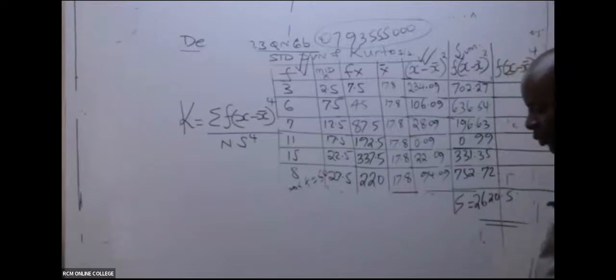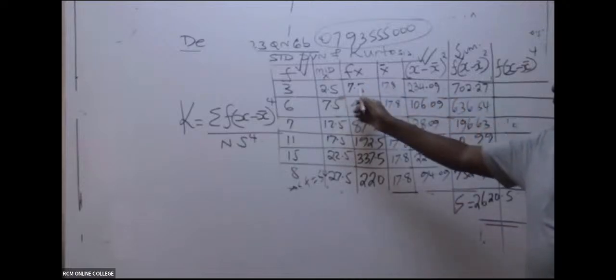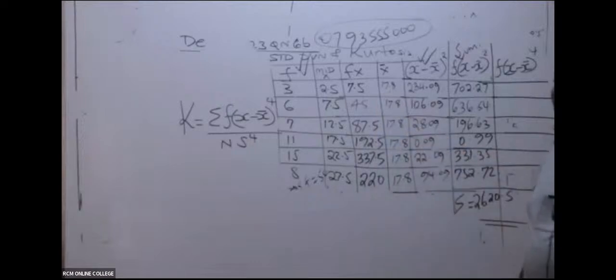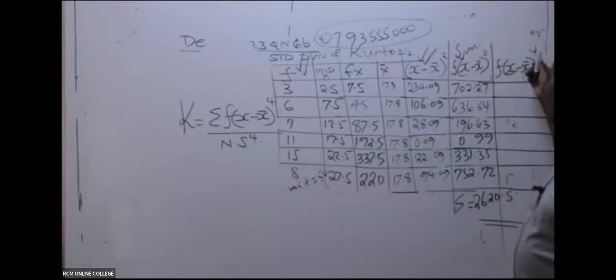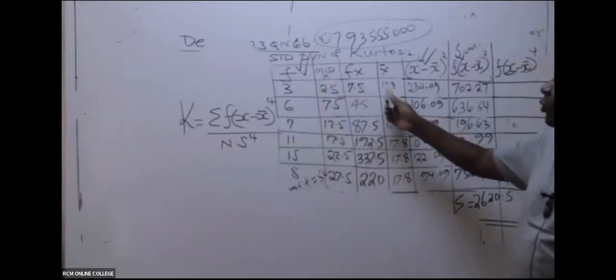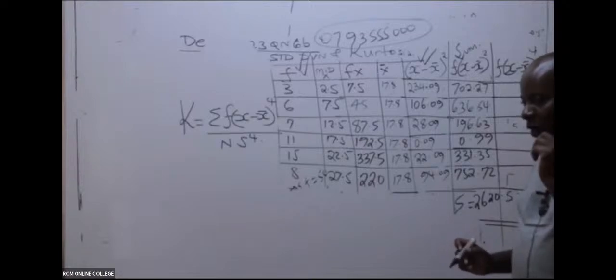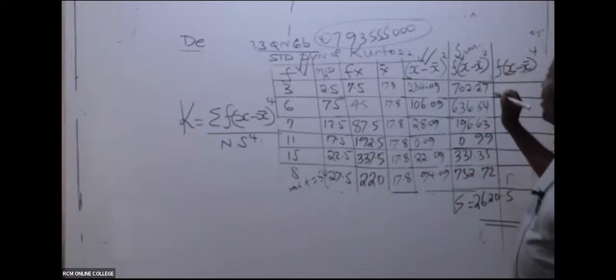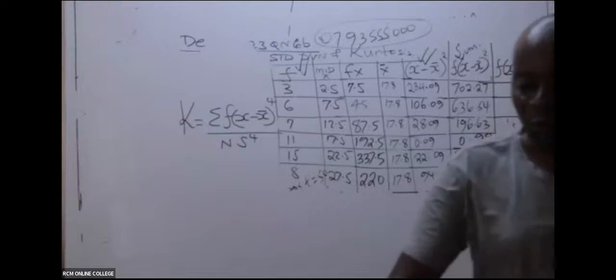You take x minus x bar, whatever value you get, you raise it to power 4. After raising, you multiply with f directly.